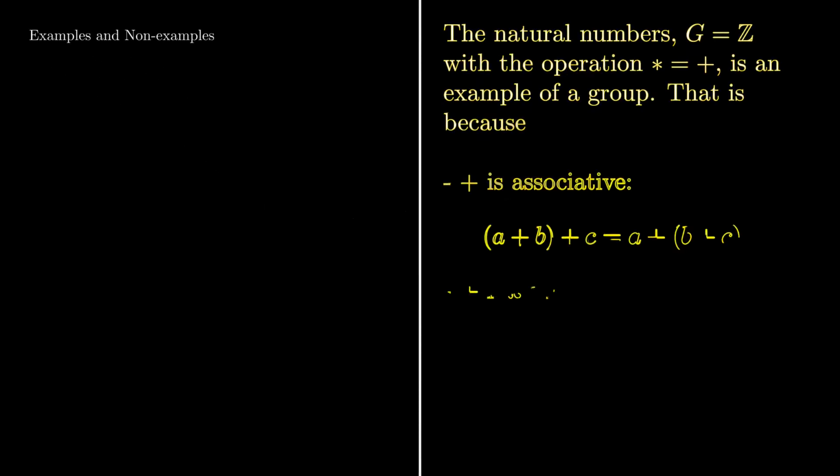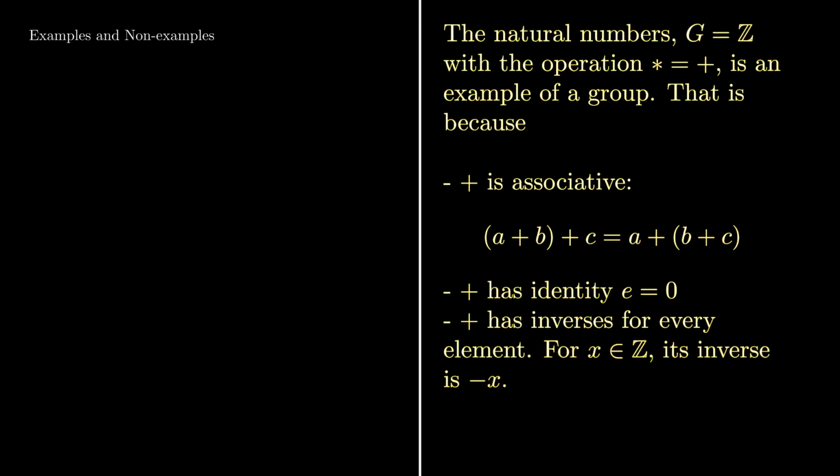Okay, let's exercise this new idea by looking at some examples and some non-examples of groups. We'll start here with the integers under addition. Now, before going much further, I want to point out something that I'm doing stylistically to help you understand what's going on here.